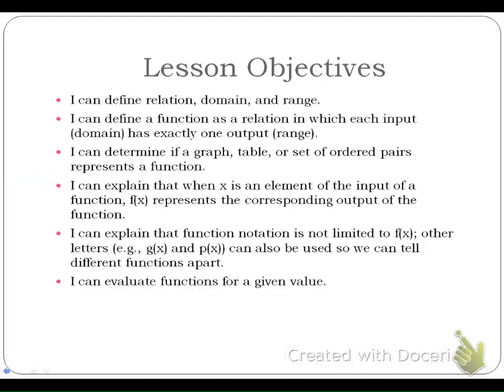And you can also represent function notation with other letters of the alphabet, not just F. We use F because it starts with the word function, but sometimes we need to be able to tell our functions apart. So you're going to see different letters like G and P. Finally, you're going to be able to evaluate a function for any given value. So we have quite a bit of objectives for this lesson.